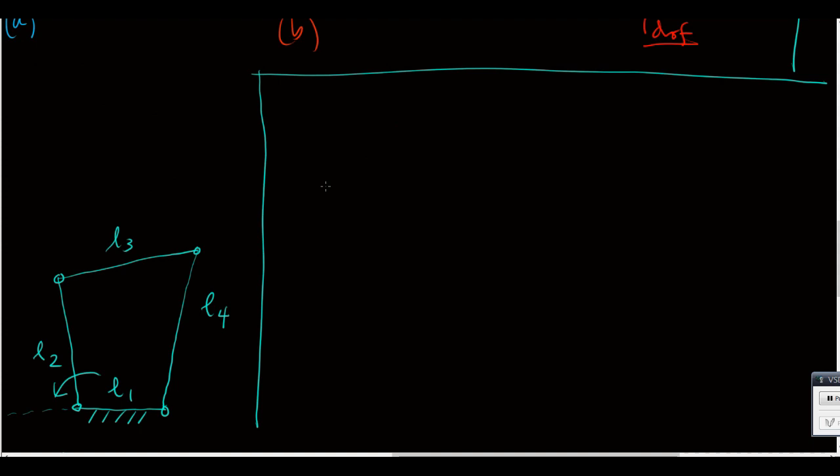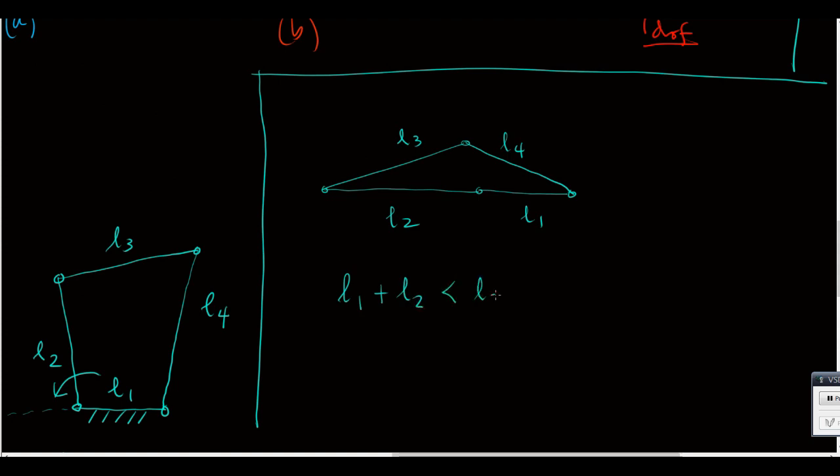So one of the configurations it has to reach is this configuration, L1, L2, and then this is L3 and L4, which means L1 plus L2 has to be less than L3 plus L4.